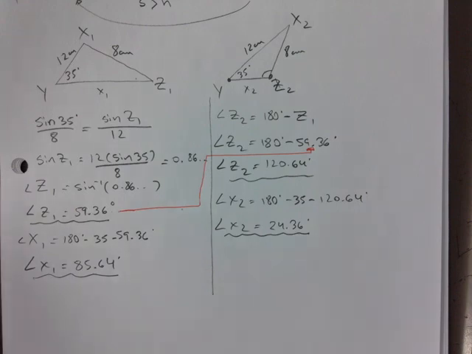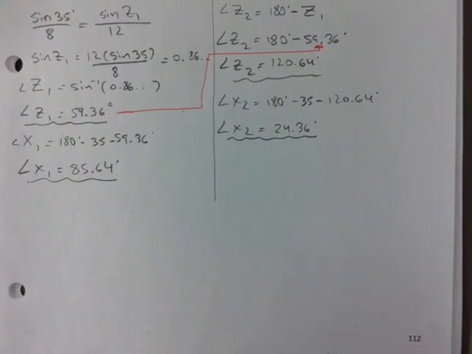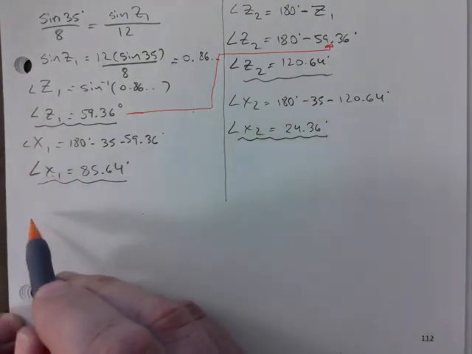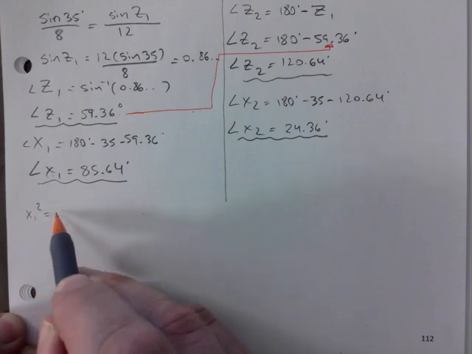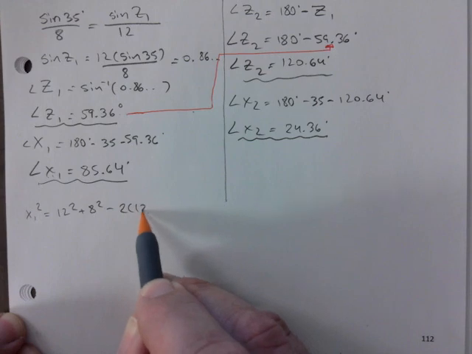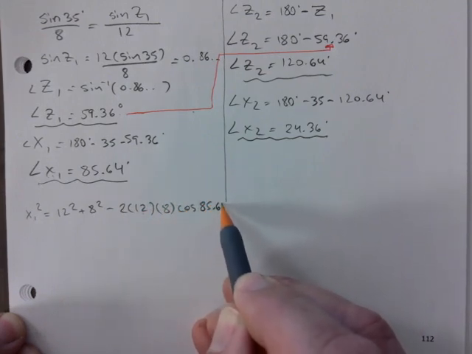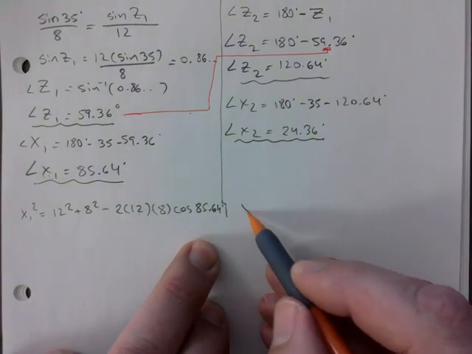Why do I do it this way? Because I like to use the cosine law here. And this is why. So watch, I'm going to use these angles here. To solve for side 1, you need to square it, and it's 12 squared plus 8 squared minus 2 times 12 times 8 times cosine of 85.64. What's this side going to look like?